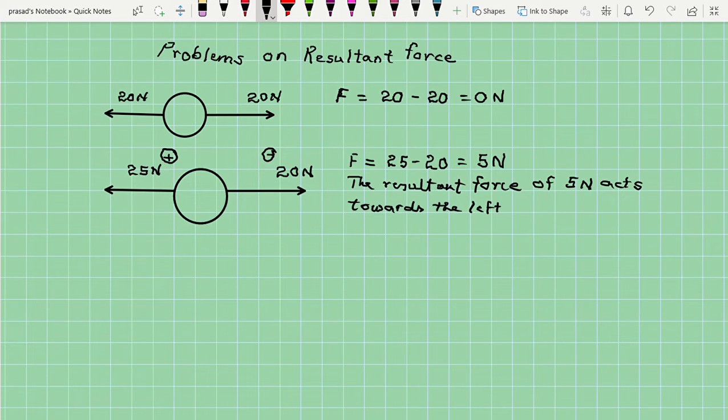That means it will accelerate, and it will accelerate in the direction of the resultant force. That means the object accelerates towards the left, because the resultant force is acting in the left direction. So this is the concept of resultant force.